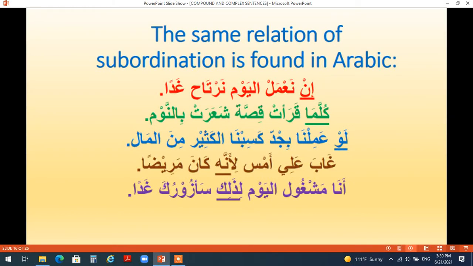So we can definitely say that subordination is found in Arabic also.